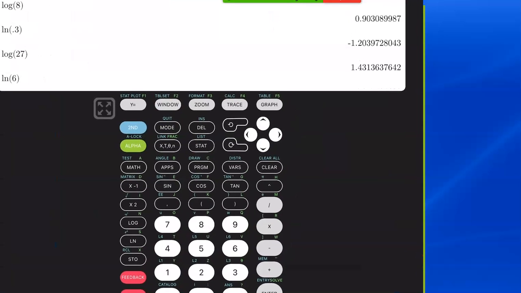If you look in your calculator, it's in this first column, towards the bottom. It's the 7th down that is your log base 10, and the 8th down is your natural logarithm.